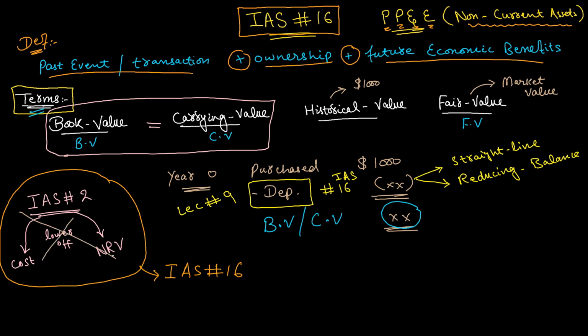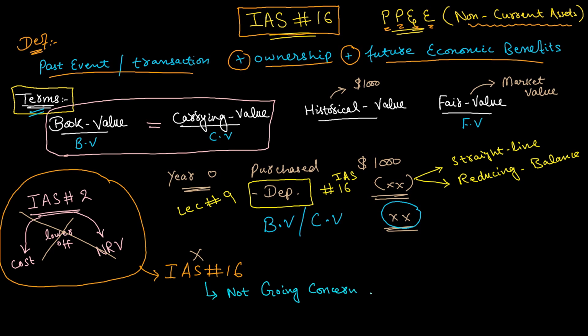Okay, but there will be only one case when the companies will be required to write their assets, I am talking about non-current assets, at their NRV, and it will be the case if the company is not a going concern anymore.